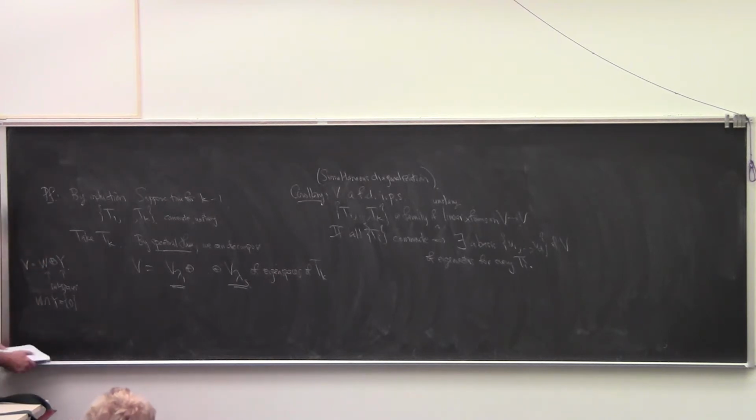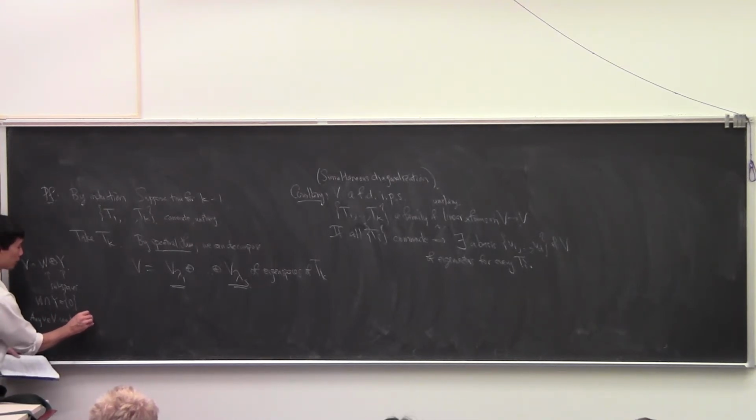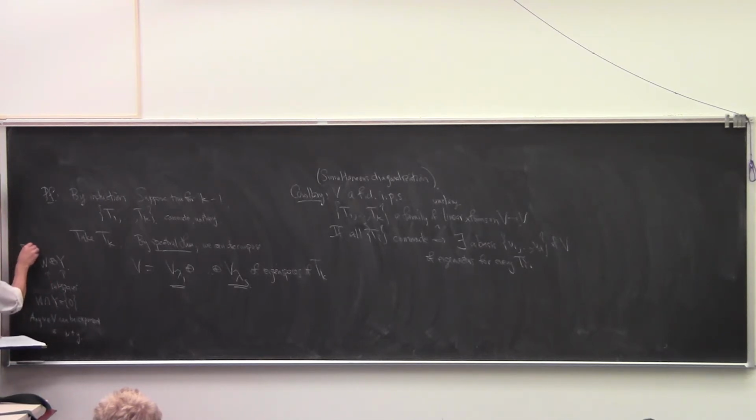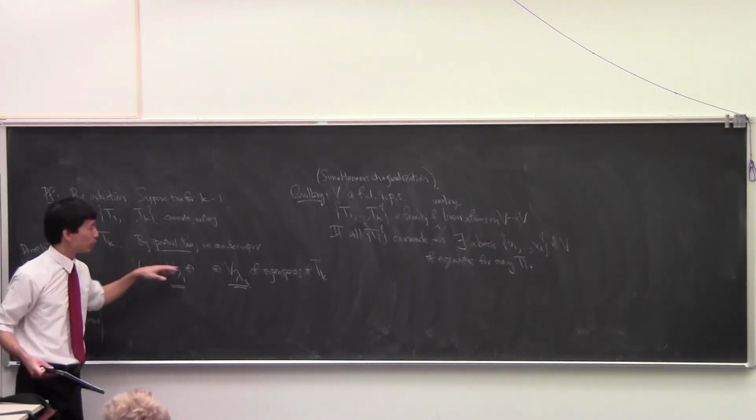That everybody in the space can be expressed as an element of here plus an element of here. So maybe that's the right one. Any V in V can be uniquely expressed as some little w plus little y. So with that in mind, this is just the same statement as you can diagonalize.